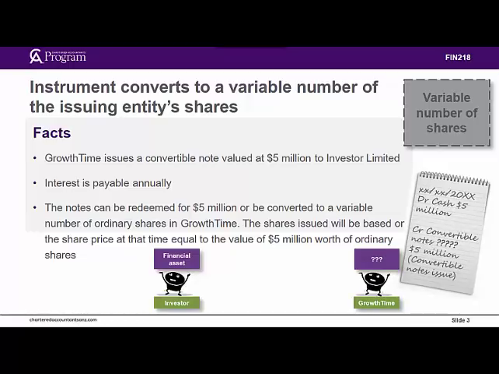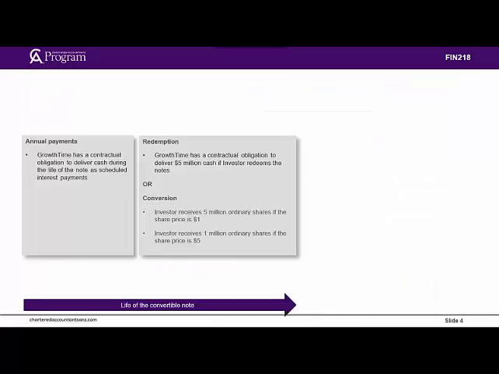So we know that they're going to be saying debit cash $5 million, but what IAS 32 is asking us to do is to work out the classification. Is this a financial liability? Is it equity, or is it a compound financial instrument? Because that's going to determine where the credit in this journal entry goes.